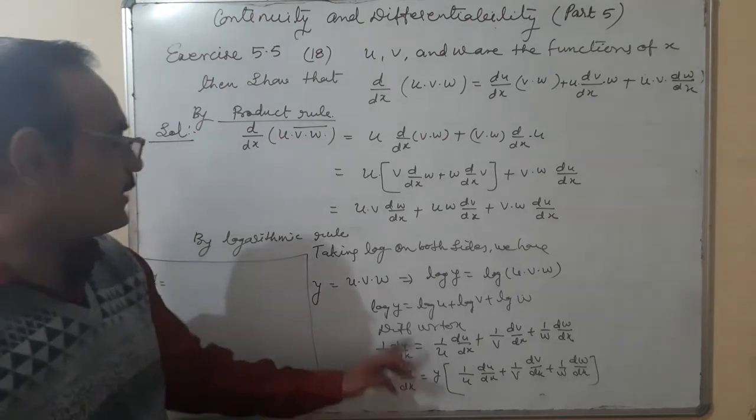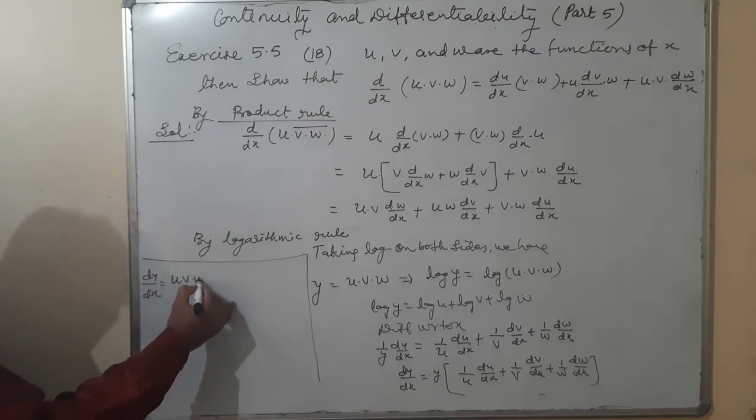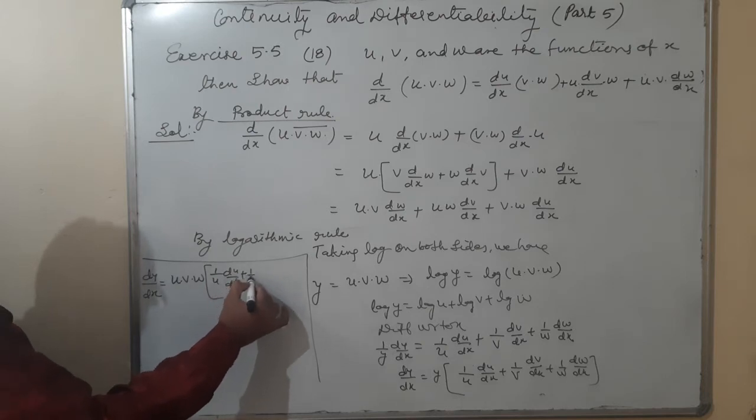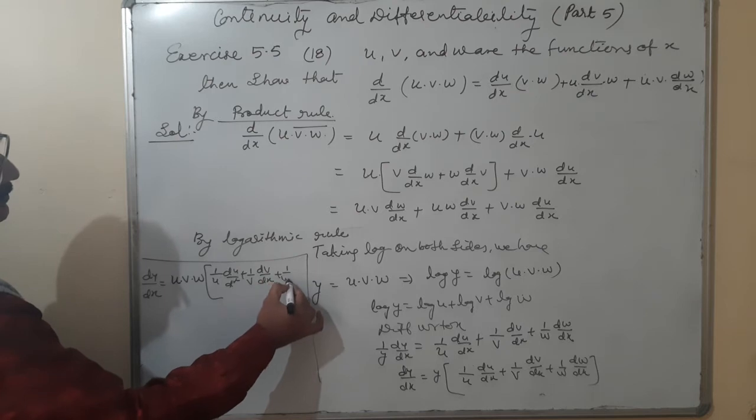The value of y I have taken as u v w, so dy/dx is u v w times (1 upon u du/dx plus 1 upon v dv/dx plus 1 upon w dw/dx).